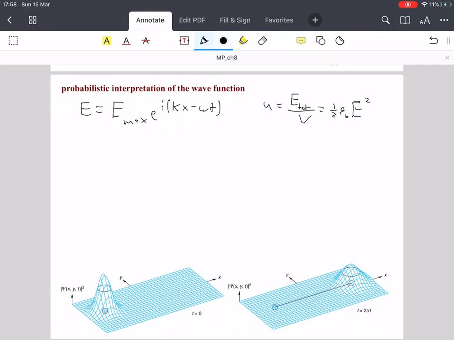Now, Einstein was thinking about the wave-particle duality and this concept of photons. So for a photon, I'll put here that this is energy. That's electric field, just to make it clear. Electric field. So this energy of a photon is h nu.